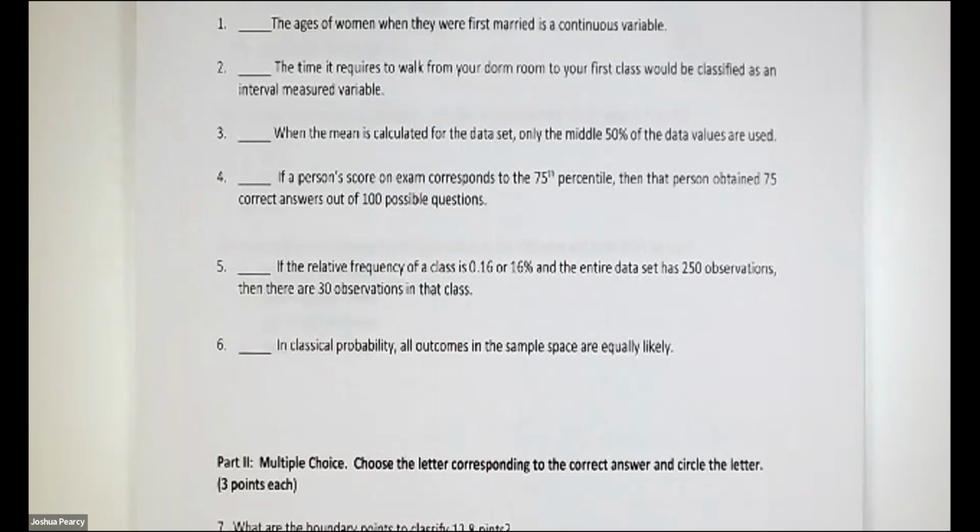How would you determine if that's true or false? I tell you the number of observations in the class. I tell you the total frequency. You can find the relative frequency by taking the ratio of the two and seeing if that number or percentage actually matches what is there. So does 30 over 250 actually give you 0.16?